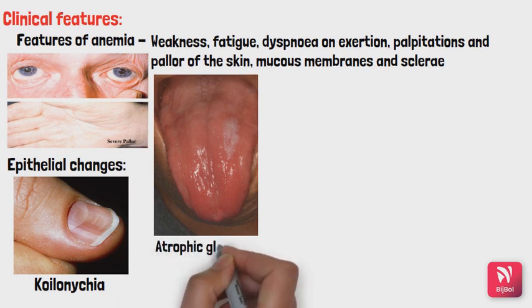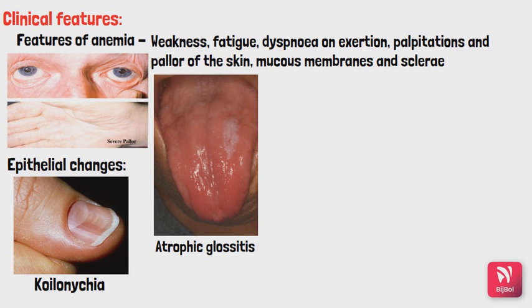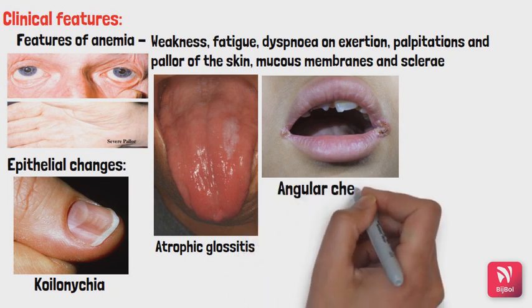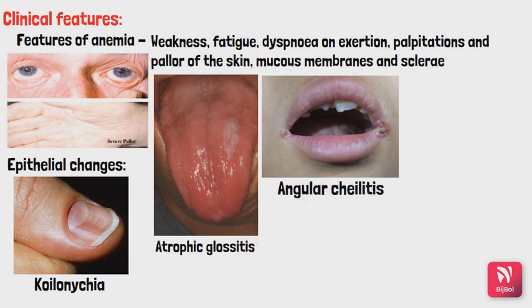That condition is called atrophic glossitis. As another oral manifestation, there can be angular cheilitis, wherein there will be cracks or fissures at the corner of the mouth, as you can see in this picture. This condition is called angular cheilitis or angular stomatitis.